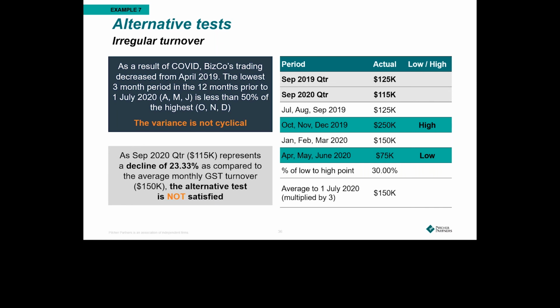It's $25,000 higher, 150 rather than 125. That $35,000 decline only represents 23.3%, and that's not going to let us qualify on this basis. But again, you could use the 1 March period, or you can use other tests as well if you don't get through on this variant.